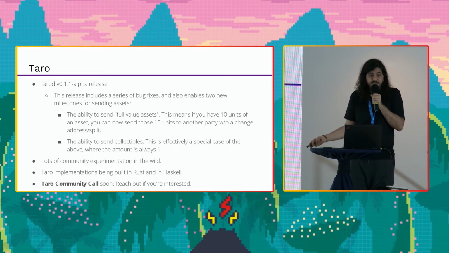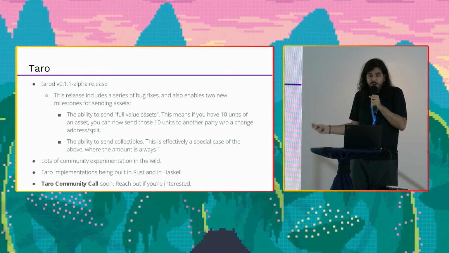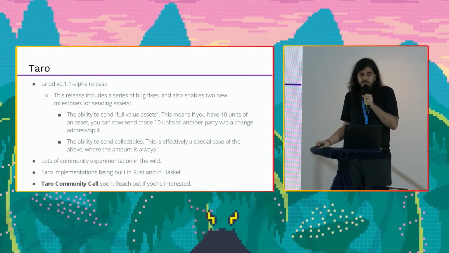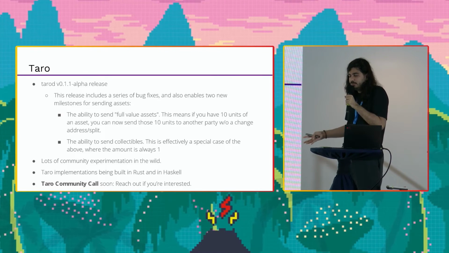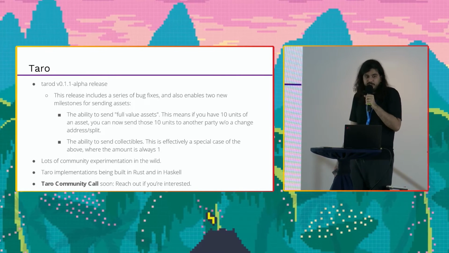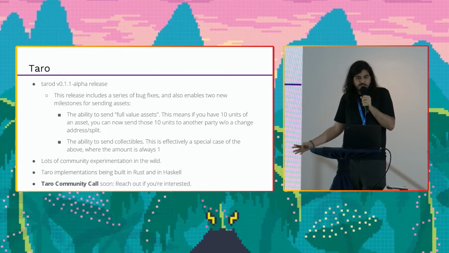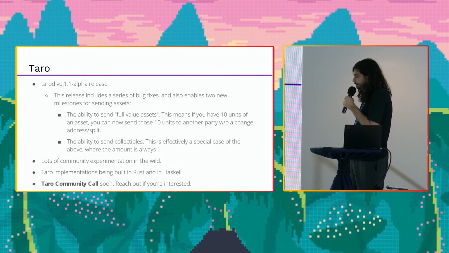There are also some alternative implementations that are already being worked on, like one by Jeremy Rubin and Judica has a Rust implementation, but also there's a Haskell implementation that appeared in the wild.